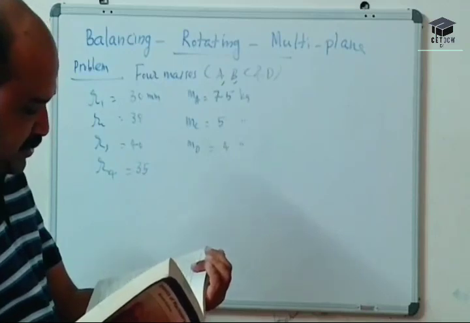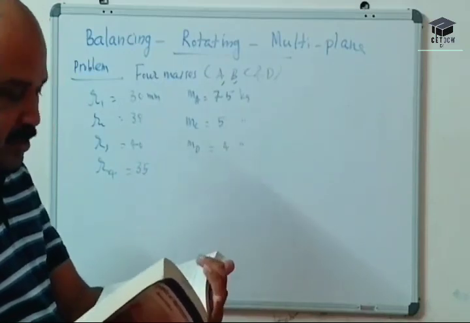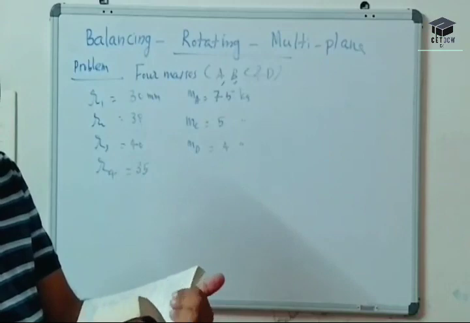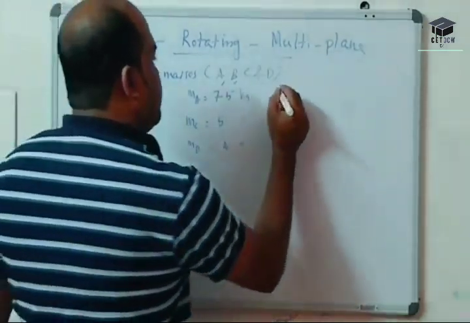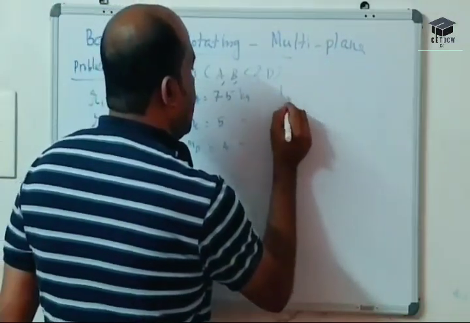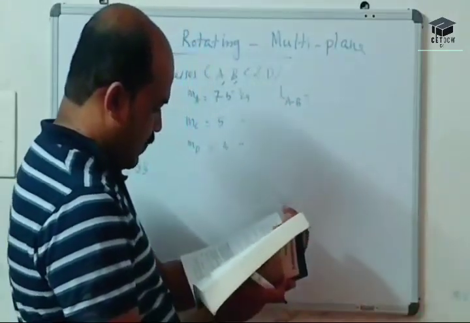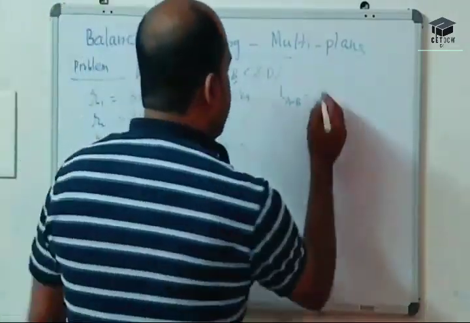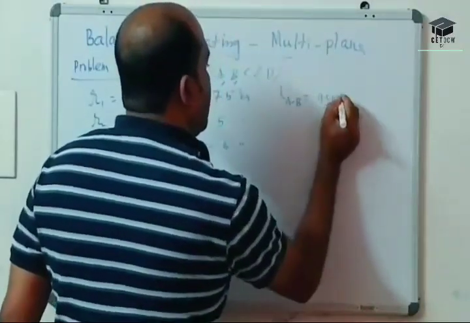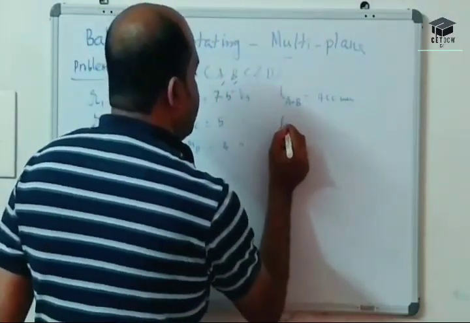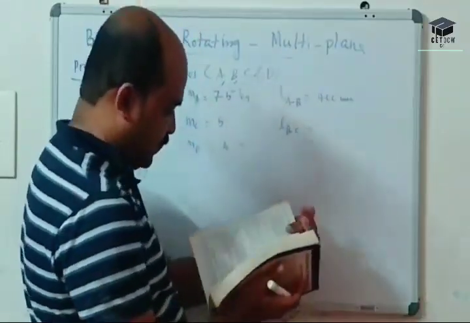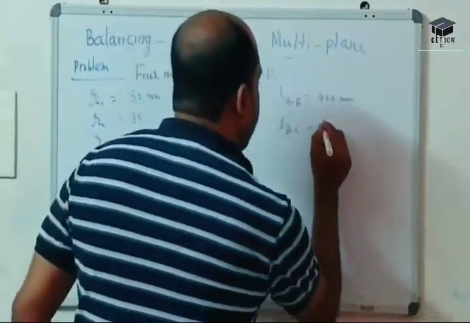The axial distances between the planes of rotation: the distance between planes A and B, that is LAB, is 400 mm, and between B and C, that is LBC, is 500 mm.